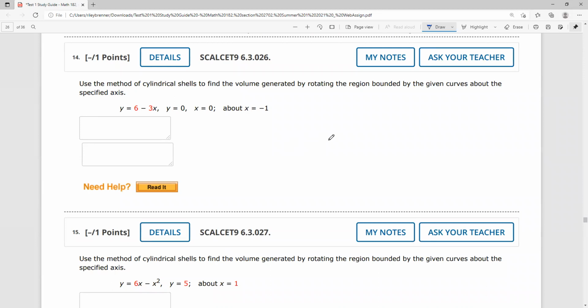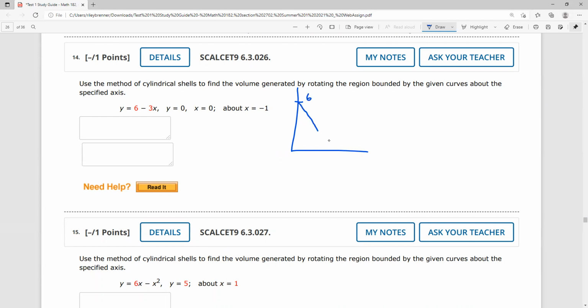Okay, yeah, and they just want us to find the volume. So first things first with all of these problems, always graph. Always sketch what's going on. In this case, we have y equals 0 and x equals 0, which are the x and y axes, and y is equal to 6 minus 3x. So we start at 6 here.